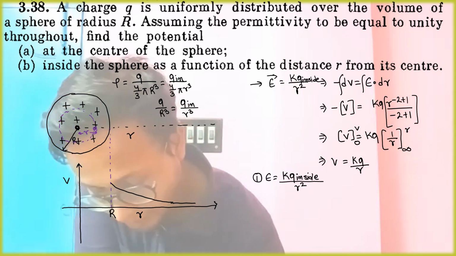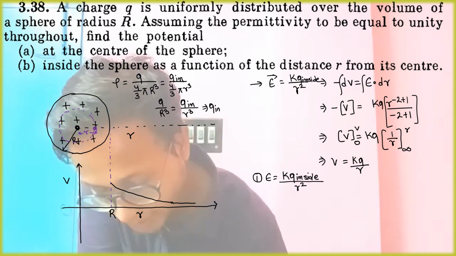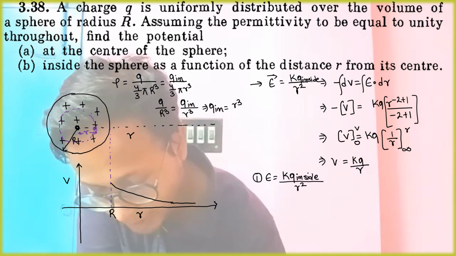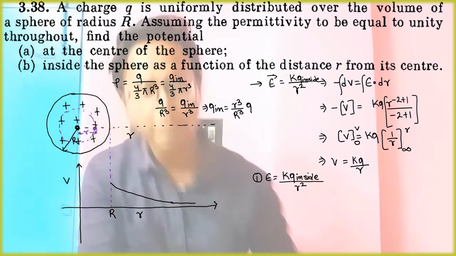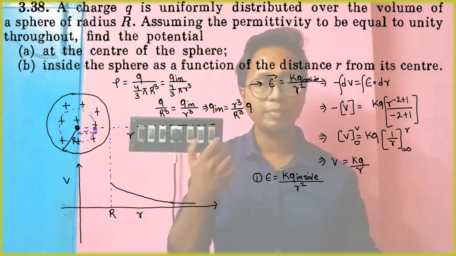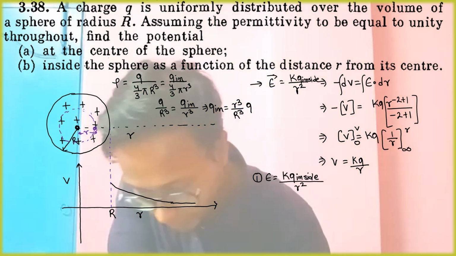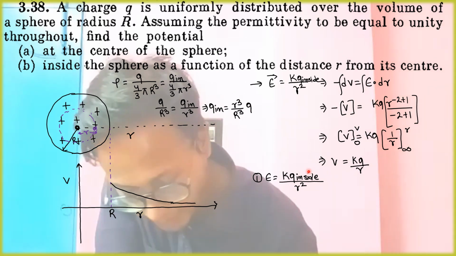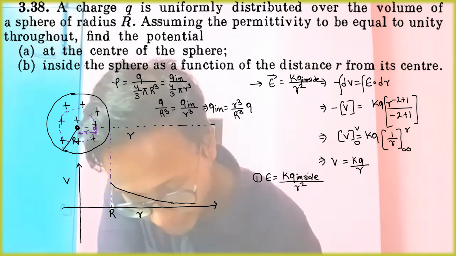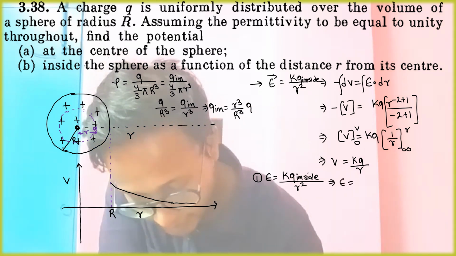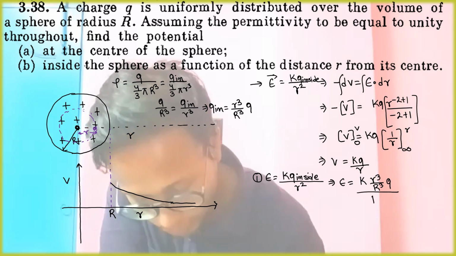If I simplify it, Q inside equals small r cube divided by capital R cube into total charge. Small r is the distance from the center, and capital R is the radius of the sphere.